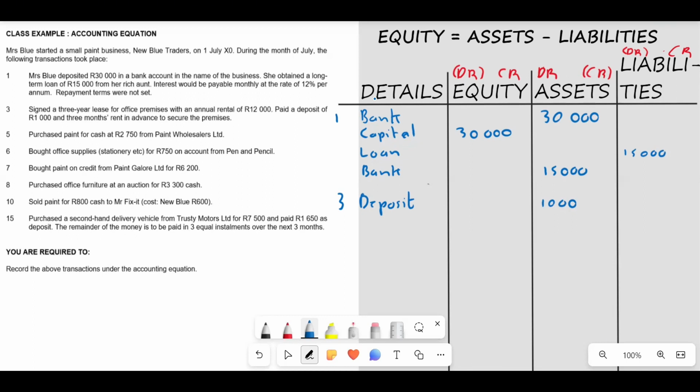And she paid 3 months rent in advance to secure the premises. The first month out of the 3 months wouldn't be an advance payment, because she's going to be in the office from 1 July. So it will be accounted as rent expense.